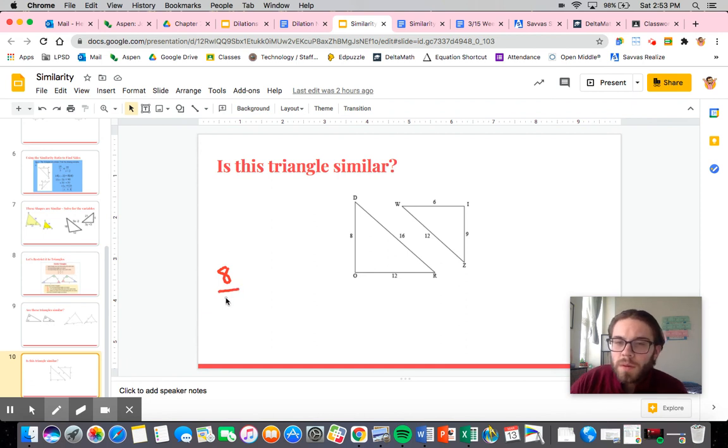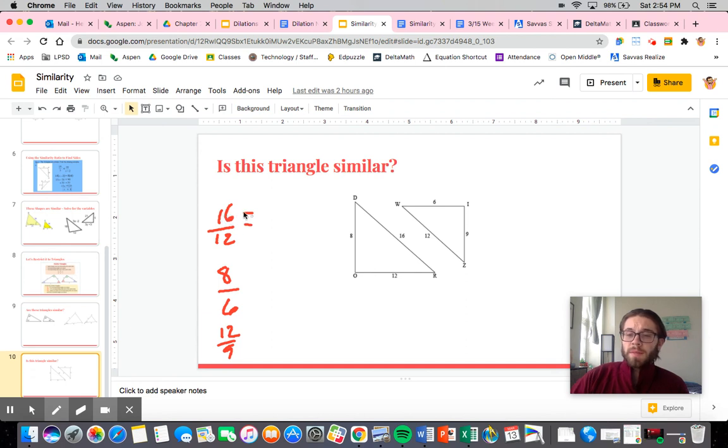Oh no, I made a mistake, I'm sorry. 8 is to 6. I looked at it quickly. So 8 is to 6, as 12 is to 9, as 16 is to 12.